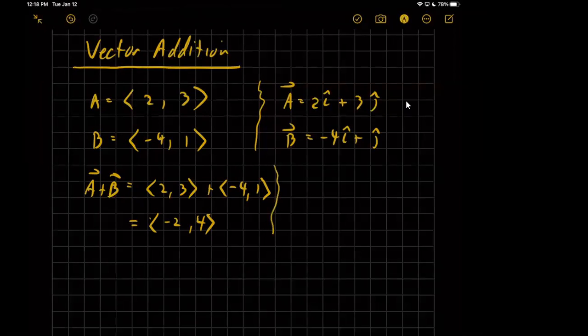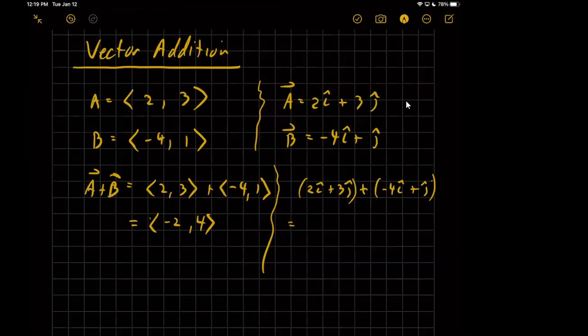Now I can do the same thing here in unit vector form. I can say that A plus B is 2i plus 3j, let me just put that in parentheses, and then I'll say plus -4i plus 1j. Okay, and the nice thing with this way of doing it is we can do algebra now.